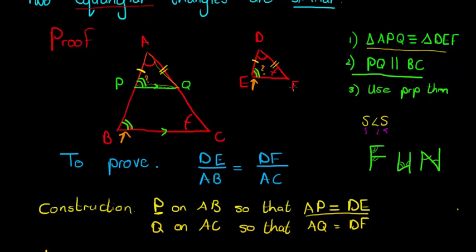ABC is not congruent to DEF. We don't know it's corresponding yet. That's what we're trying to prove. We're trying to prove it's corresponding. So we're doing it the other way around.